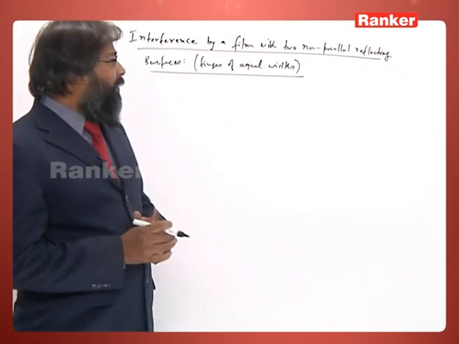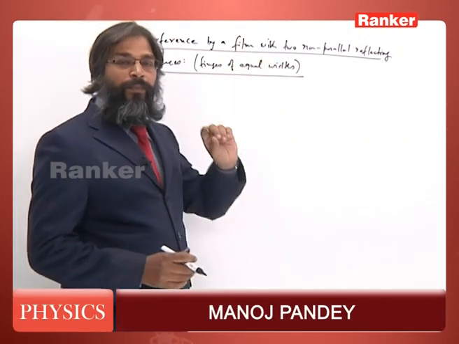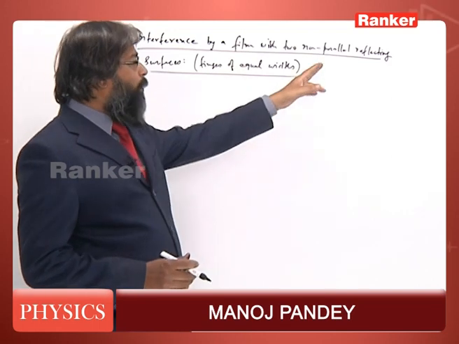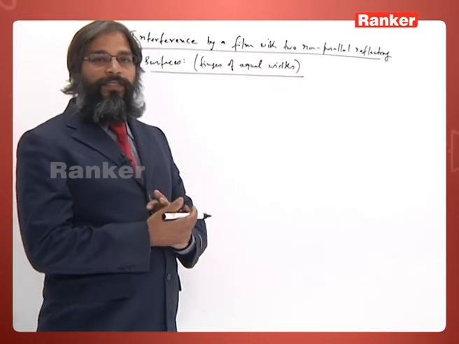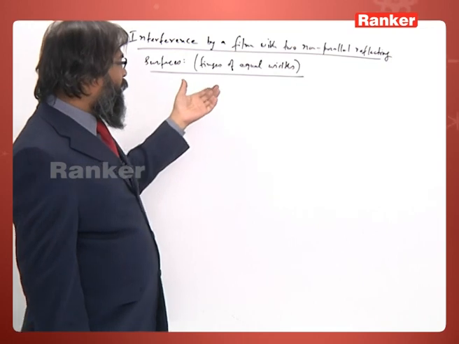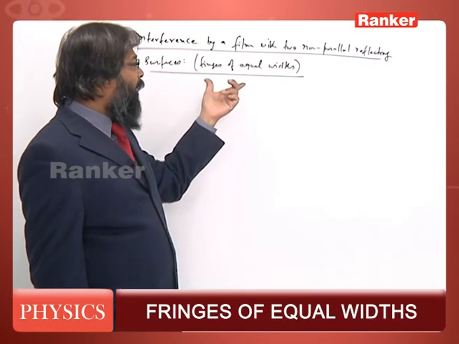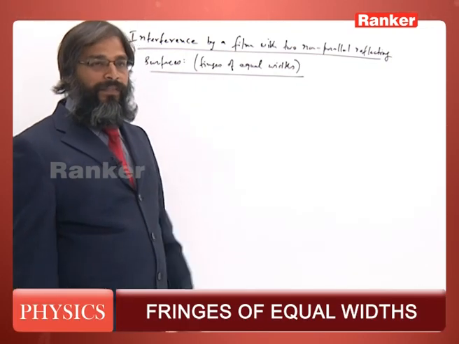So now let us see interference by a film with two non-parallel reflecting surfaces. This is very interesting because here fringes are formed that are of equal widths.